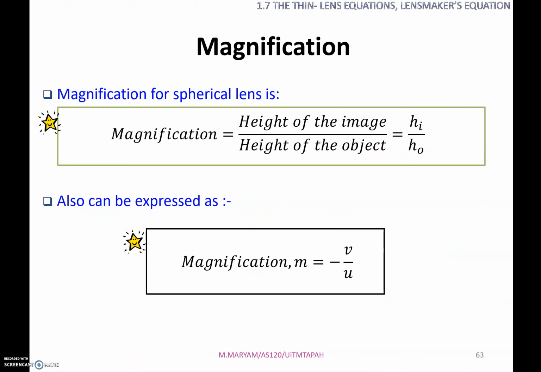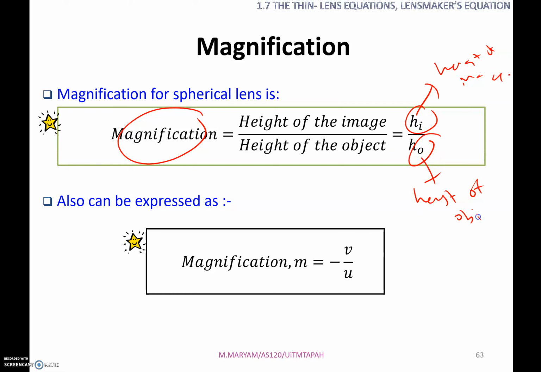Another important equation will be the magnification, which is hi over ho. Hi will be your height of image divided by the height of object. If you don't have the height of image and object, you can also use the v and u.